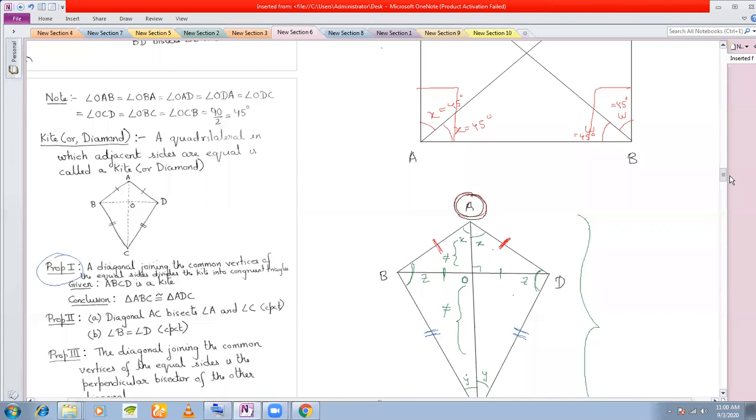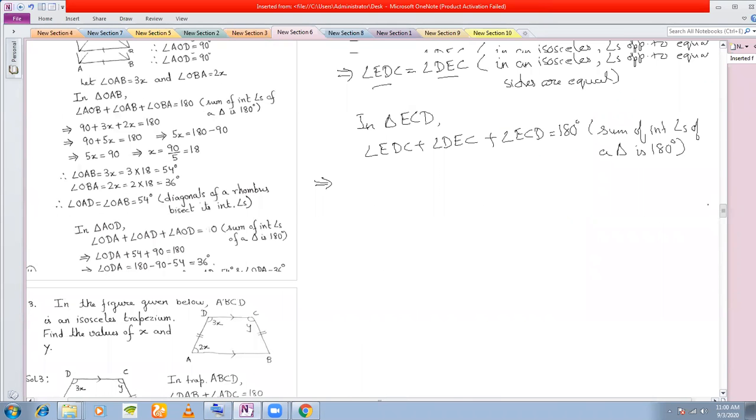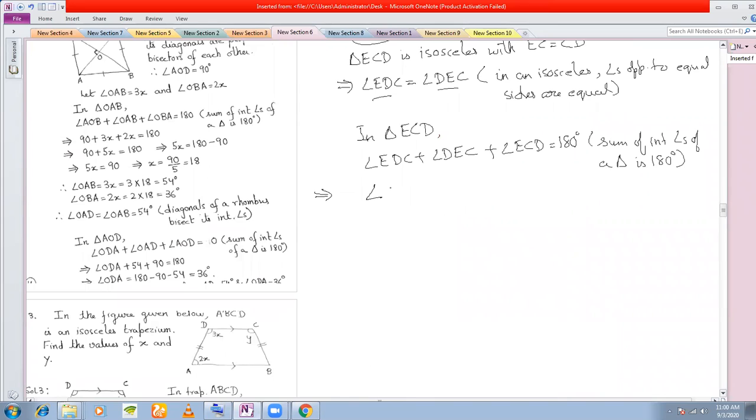That means these two angles are equal, so I can substitute DEC instead of EDC. So angle DEC plus angle DEC plus angle ECD, which we have found to be 150, is equal to 180, and you will give your reason here.